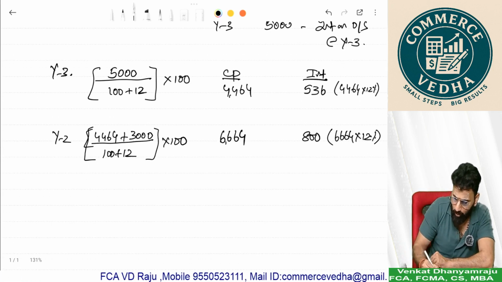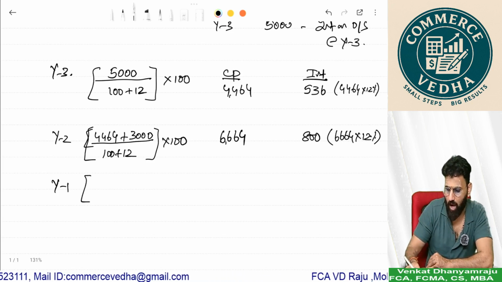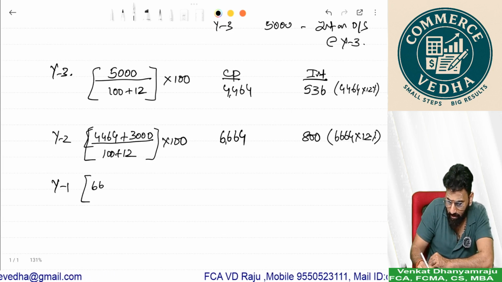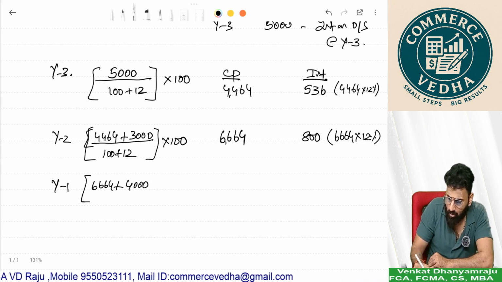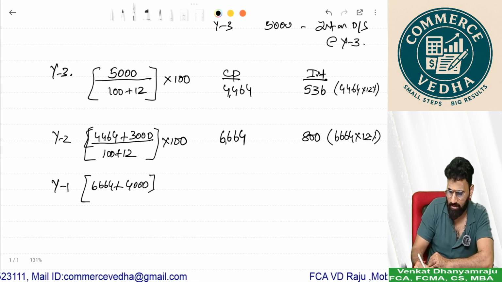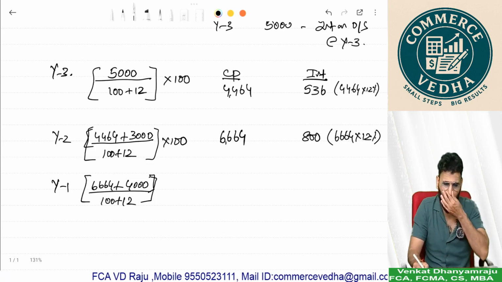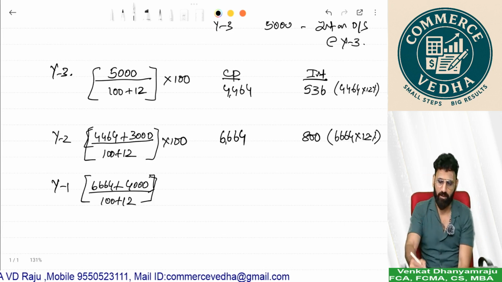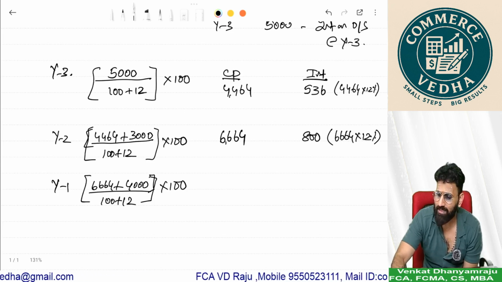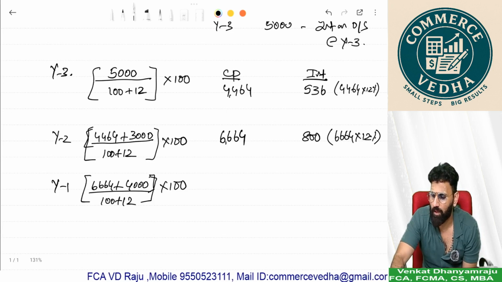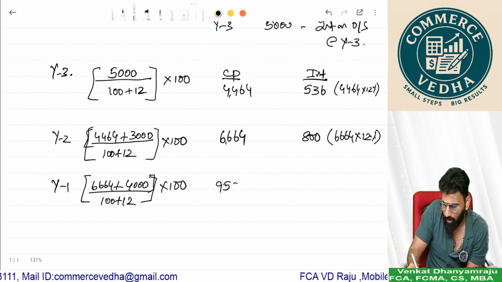Now when you come to year 1, you have 6664 as the outstanding at year 2, and you are paying 4000. So total 10,664 includes interest. So if 100 is the cash price, interest is 12% on 100. So what is your cash price at the beginning? 6664 plus 4000 by 112 into 100 is 9521.